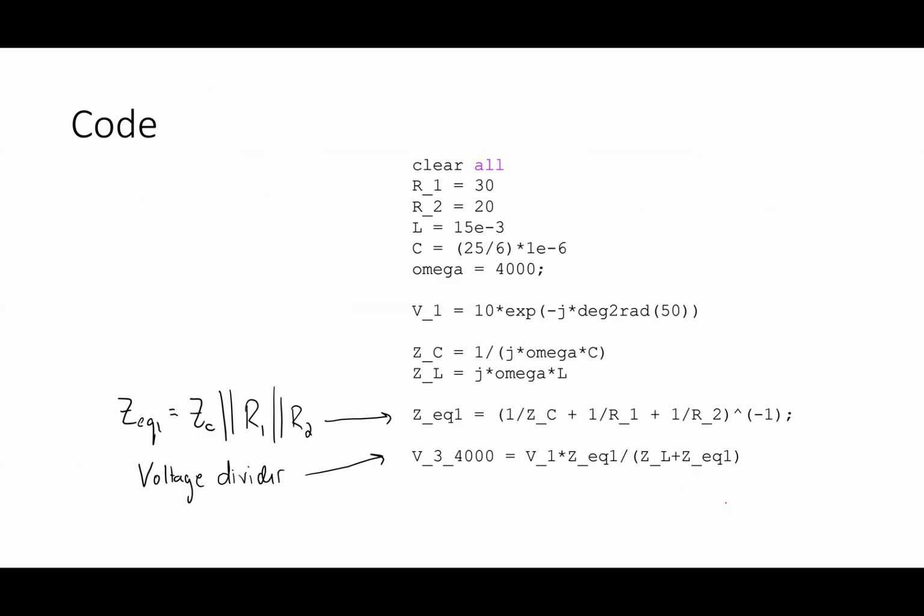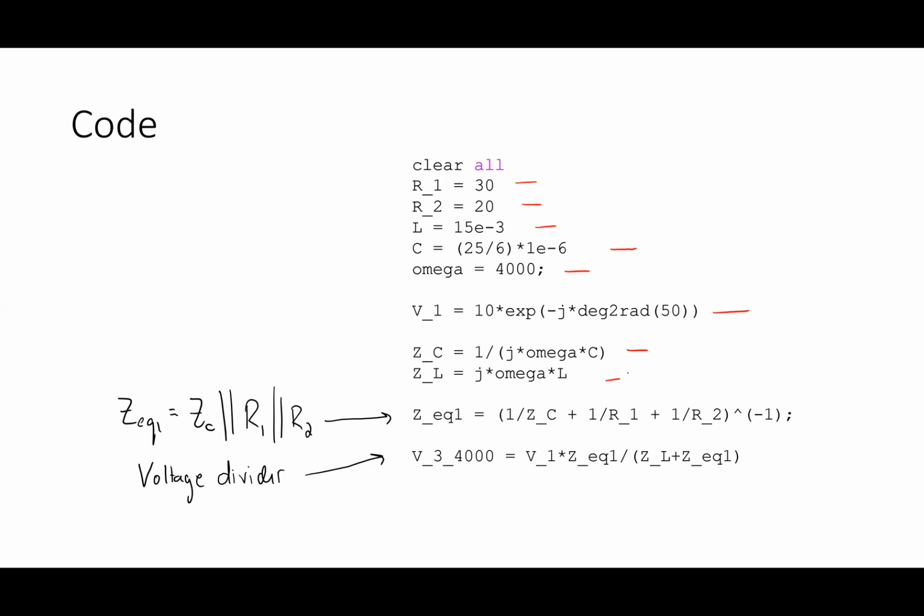What I do then is here's the way I code this up. One thing you'll notice is I try to be consistent with the way I do all this stuff. So I just put in R1, R2, L, and C. I defined omega, right? And then I put in V1.